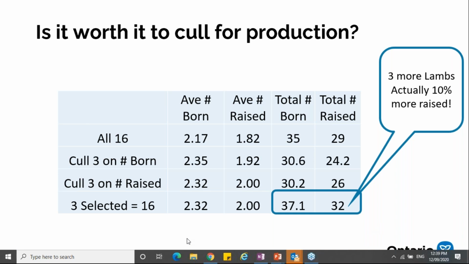Even with only three lambs, there's a potential of sort of $600, maybe up to $900 this year, more in revenue that you would have to work with, and maybe to put towards the time it takes to actually keep some of these numbers.